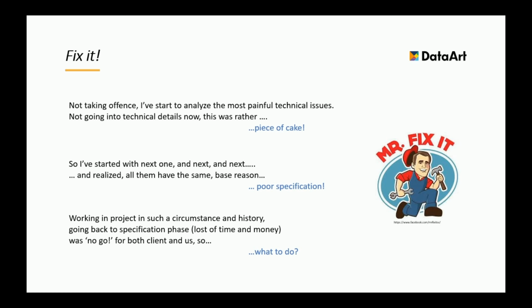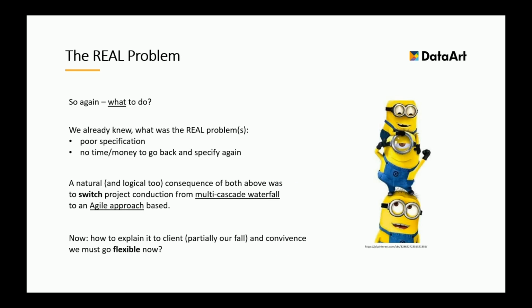So what to do? The real problem, exactly. I already knew that the main problem is the specification, its quality. It was poor, and moreover, because the project was over with the overrun, there was no time or money to go to the specification phase again.